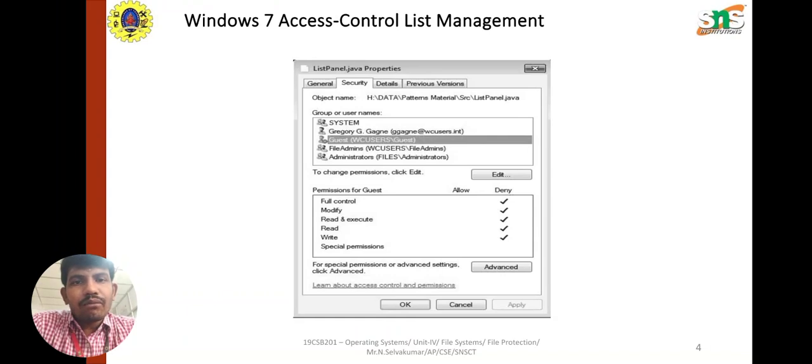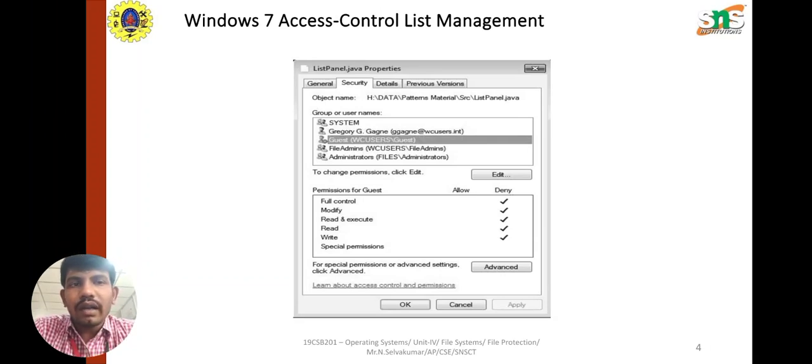In this case, we have to select the group or user names, such as guests. We can change any permission or any type of security. We have to access the files first and then create our own settings. Then we can set permissions for a guest: full control, modify, read and execute, read, write, and special permissions.